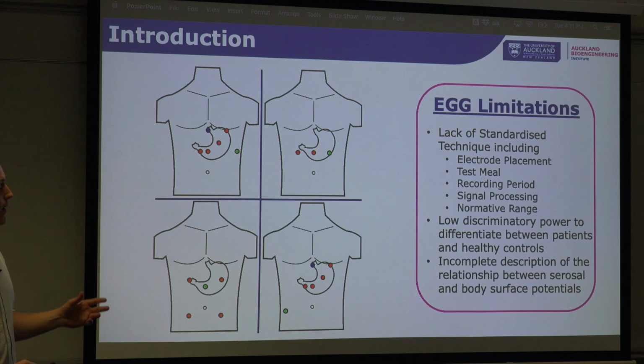Right now, our understanding finishes at there's 3 cycles per minute. That really doesn't tell the whole picture. We know from serosal recordings that the propagation direction, the velocity, and the number of simultaneous waves all give us indications of what's happening on the stomach. And so a simple 3 CPM won't cut it.